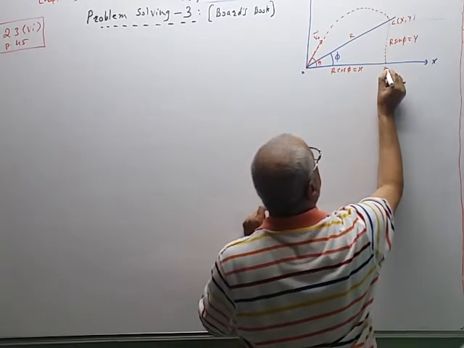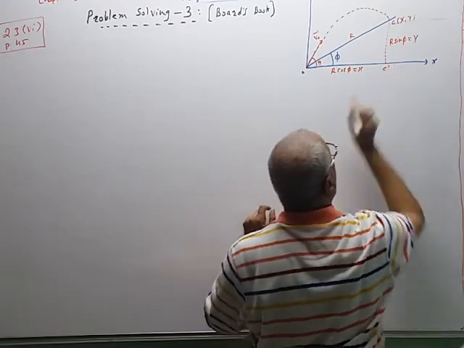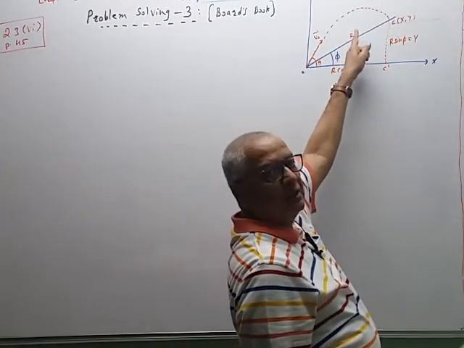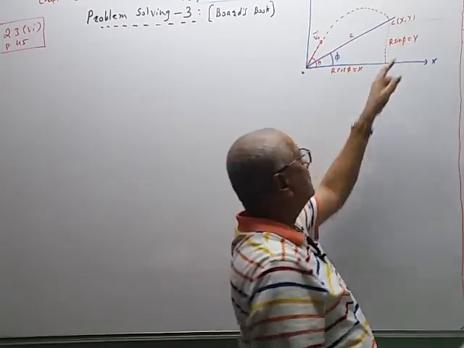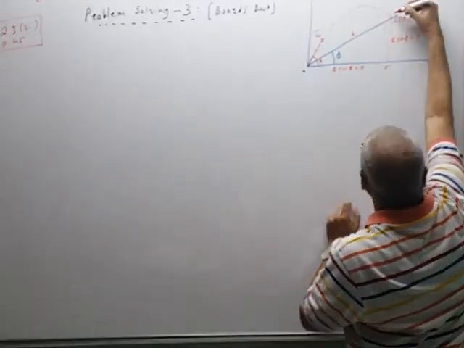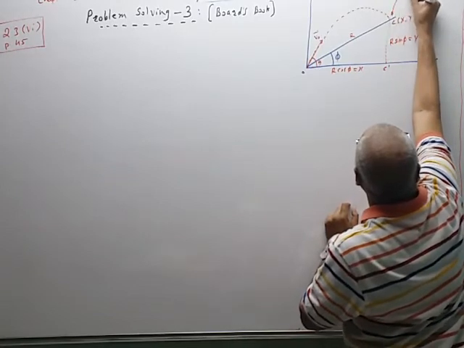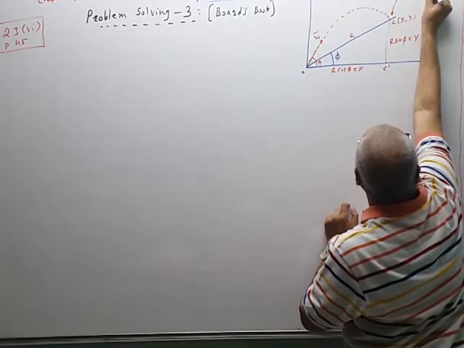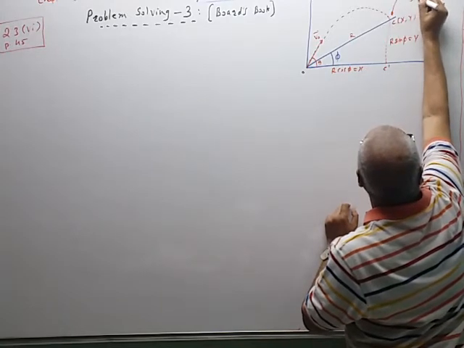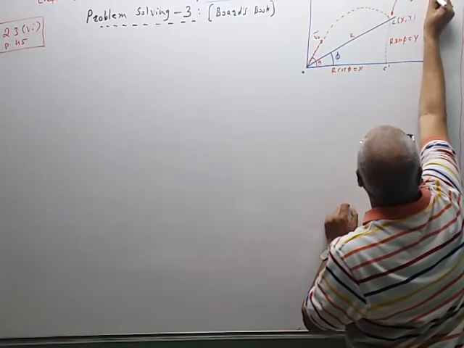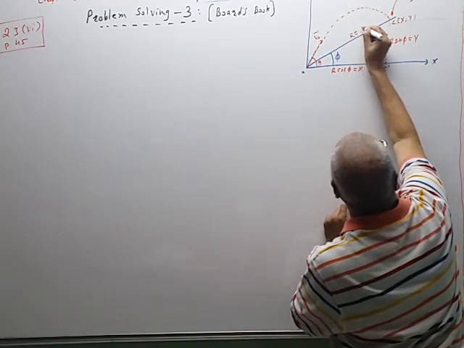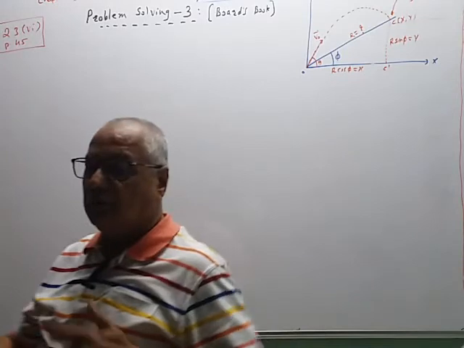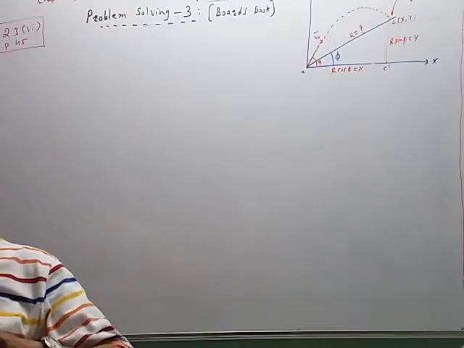This point is C, this point is C dash. So you have to find this R along the inclined surface. This R is equal to question mark. This is our problem, and the figure looks like that.